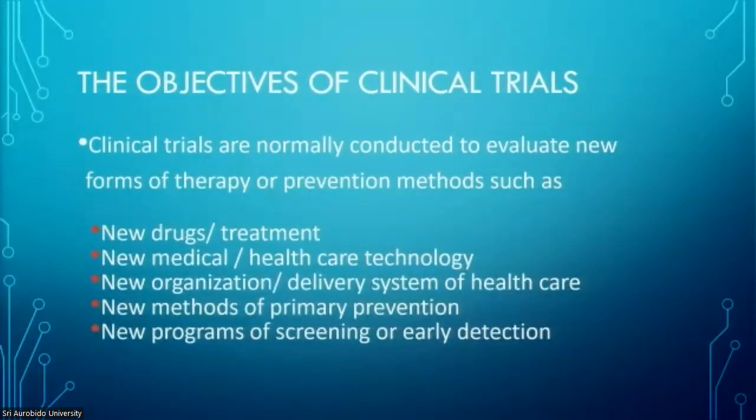The clinical trials are normally conducted to evaluate new forms of therapy or prevention methods such as new drugs or treatment. Any new medicine, new health care technology, some new delivery system, some new type of organization you have started, new programs of screening or even early detection, anything can be studied in clinical trial.